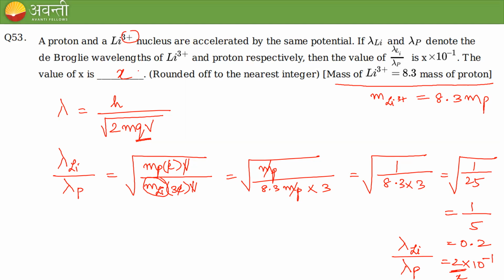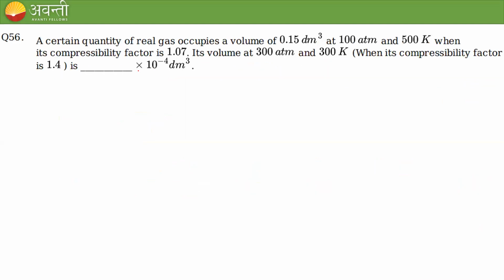Now coming to the next question, which is the last question of this session: a certain quantity of real gas occupies a volume of 0.15 decimeter cube at 100 atmospheric pressure and 500 Kelvin when its compressibility factor is 1.07.